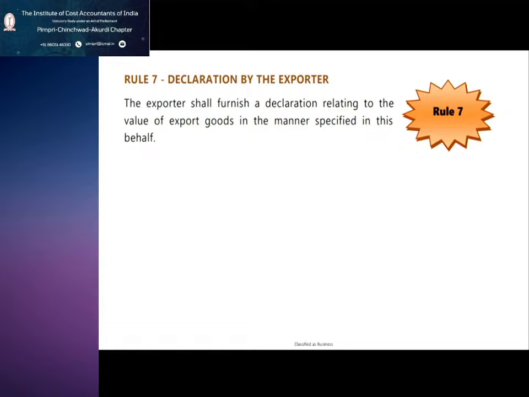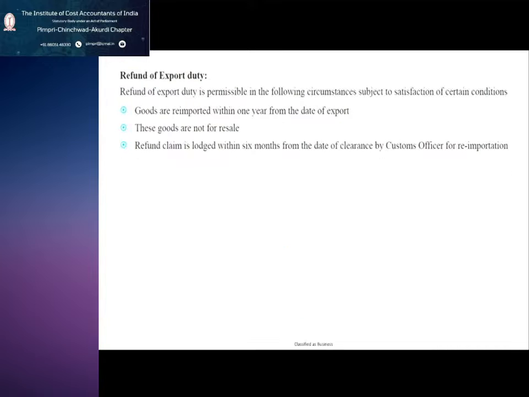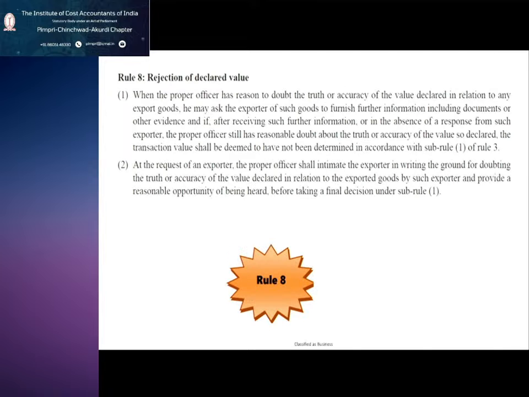Then the declaration by the exporter. So we have to declare the value of export goods. Then we have rejection of the declared value. So what is rejection of the declared value?